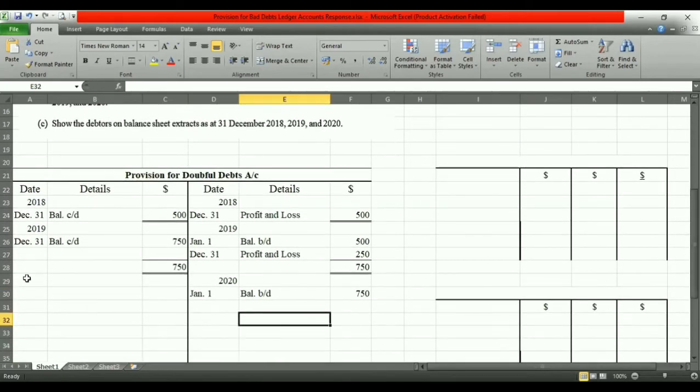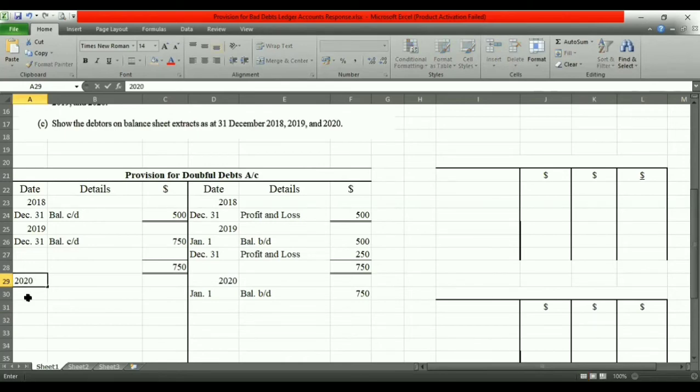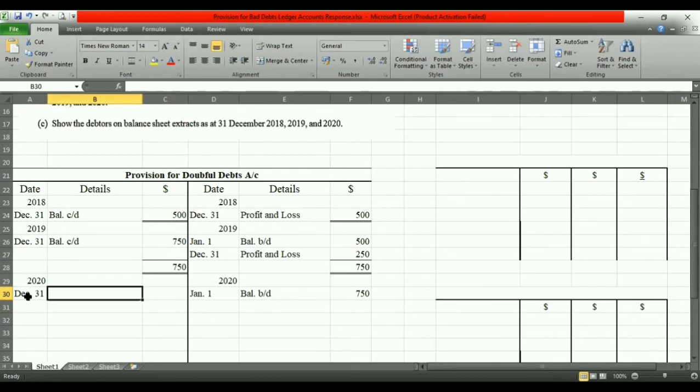And once there's a reduction, you debit your provisions and credit your profit and loss because you're showing this amount as a revenue in the accounting records. So that is December 31st. The details is profit and loss, that's the other item affected. And the amount is 150.